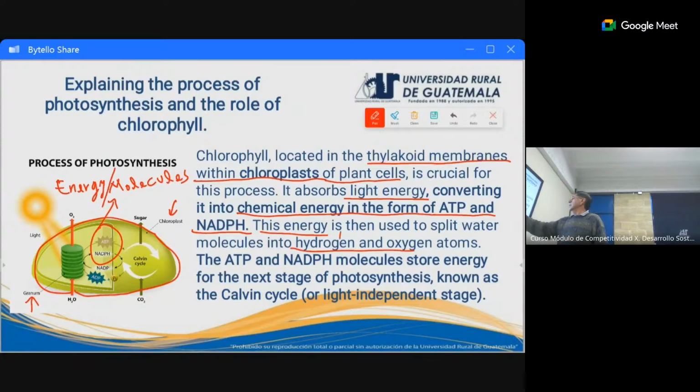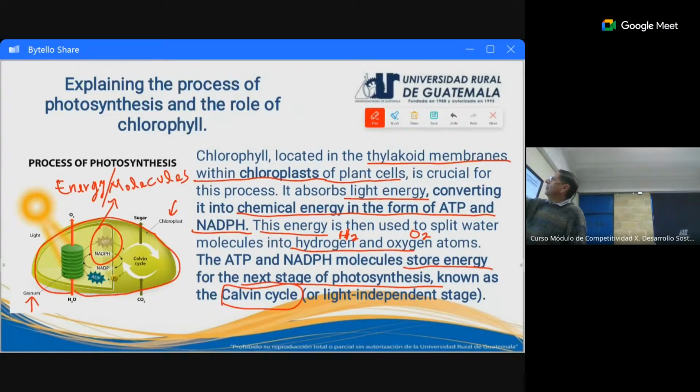Okay, hydrogens, the symbol for hydrogen is H, and oxygen is O. And the ATP and NADPH molecules store energy, as I said before, for the next stage of photosynthesis, known as the Calvin cycle.